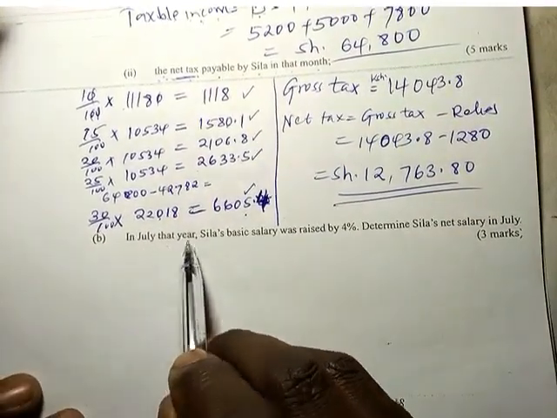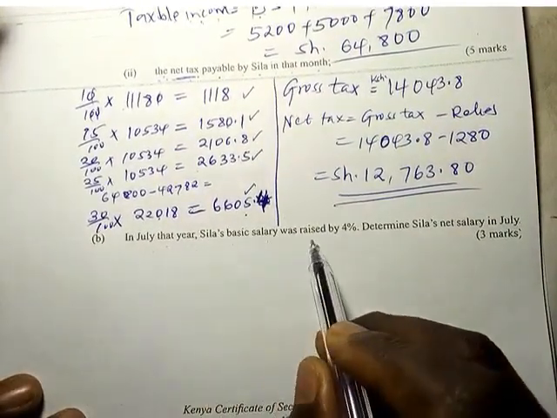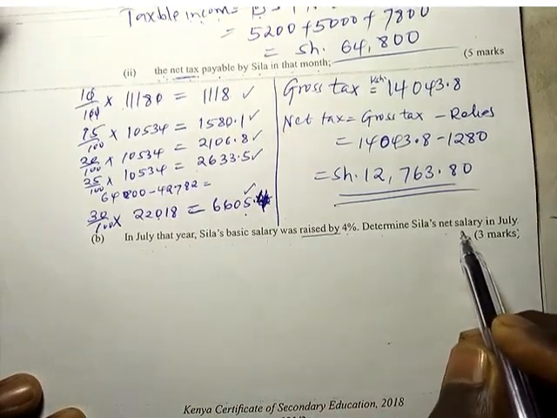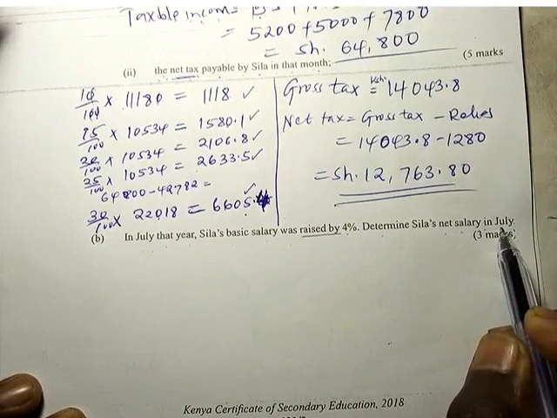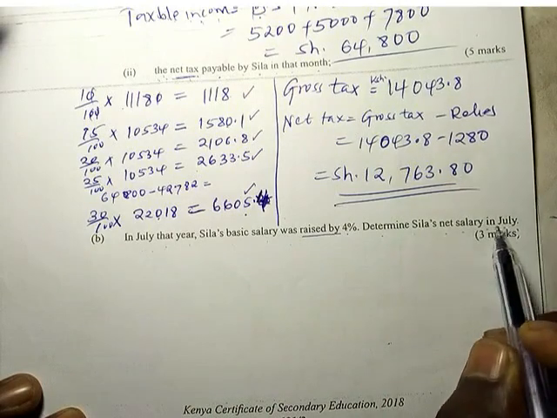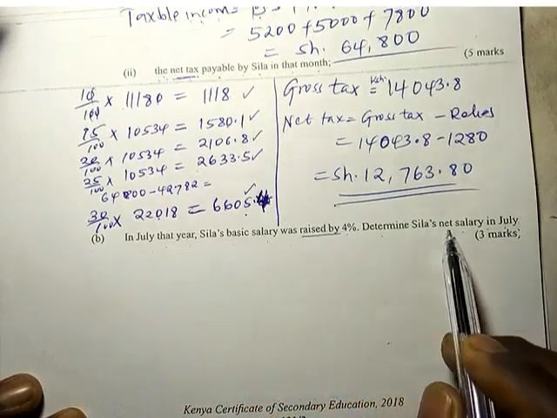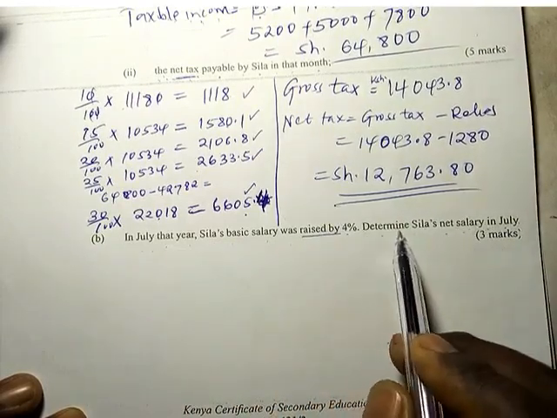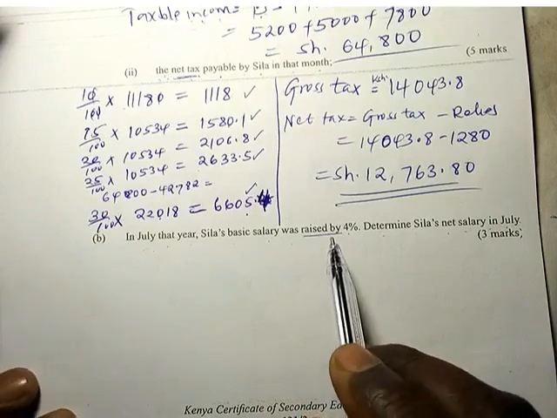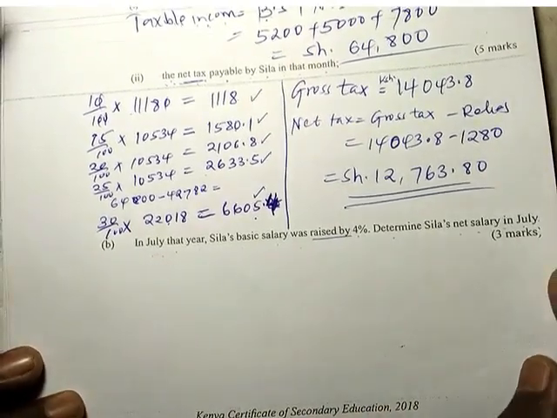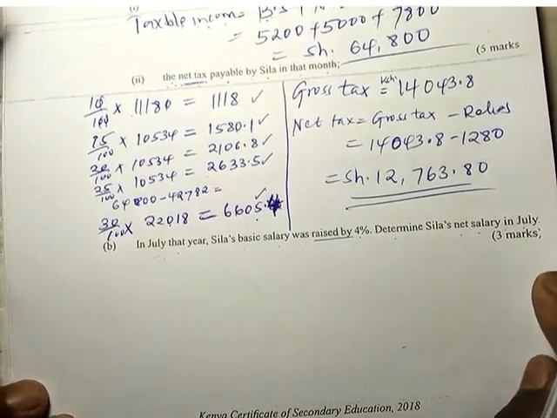In January that year, Shira's basic salary was raised by 4%. Determine Shira's net salary in July. So in July, the salary was raised. Net salary. So we need first to get the money that was increased, the tax away.